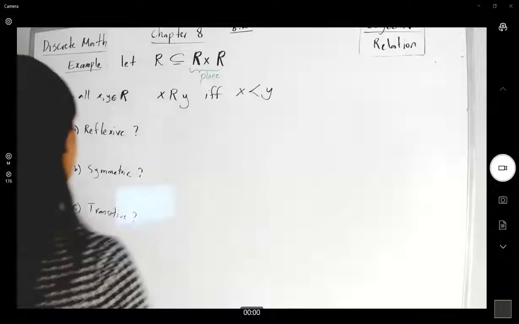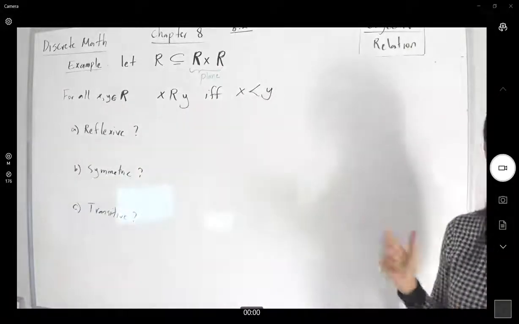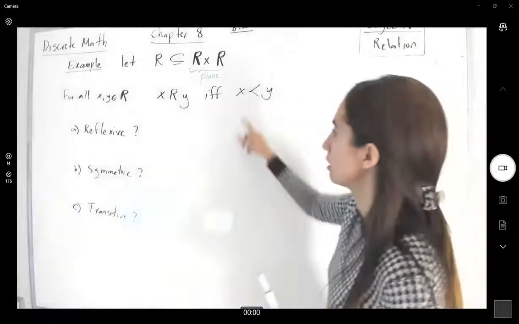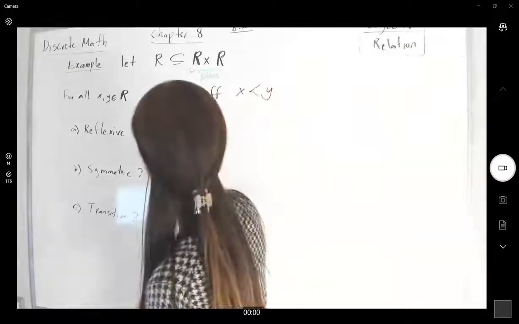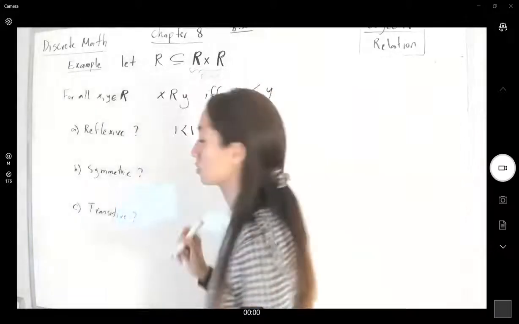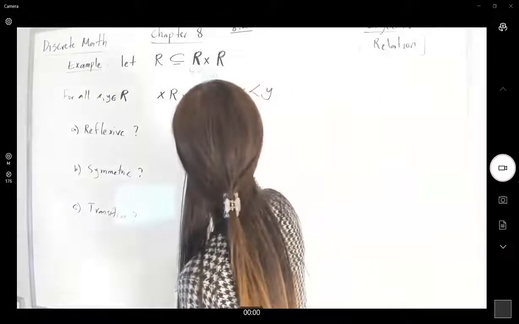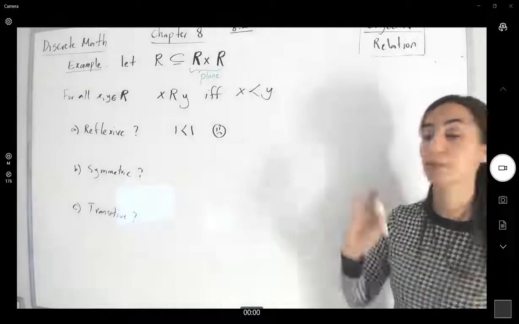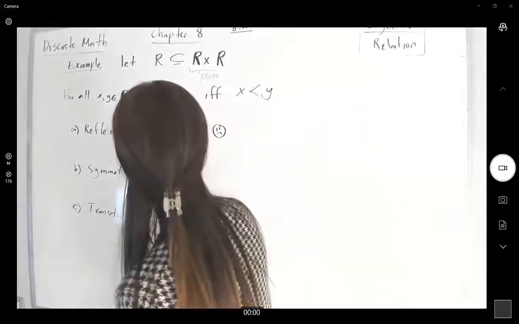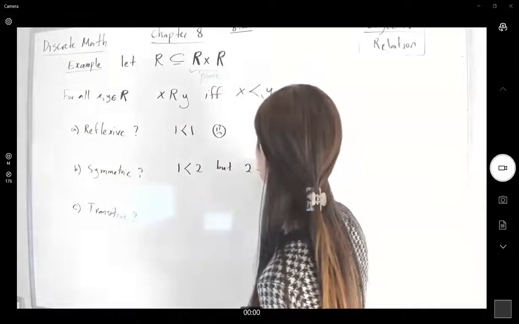Here we go. So, is this reflexive? Remember the definition of being reflexive. Take 1, for example. Can we say that 1 is less than 1? Is this true? Of course not. So, not reflexive. Is this symmetric? Take 1 and 2. 1 is less than 2, but 2 is not less than 1.